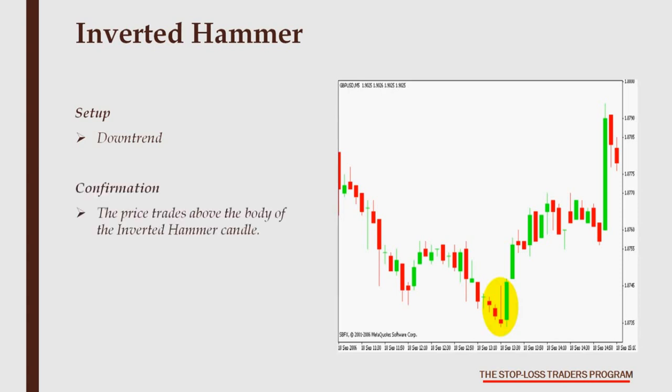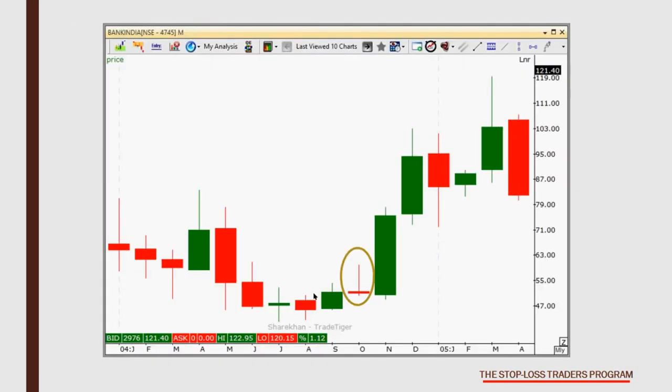So the confirmation comes when the price starts trading above the body of the inverted hammer candle. So what I can do is, just as in the case of the hanging man pattern, I waited for the next day's close. So similarly here, I'll do the same thing.